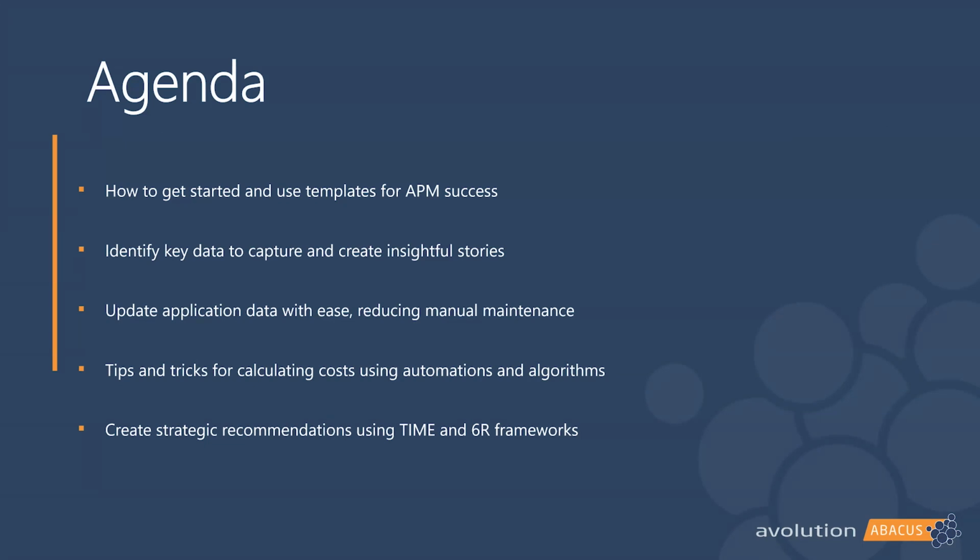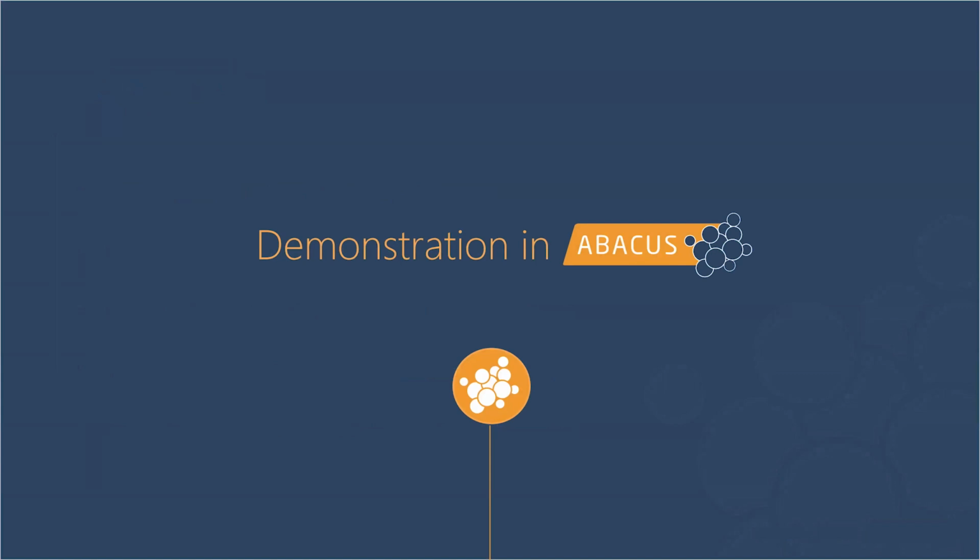We'll look at some of the automations and algorithms we can use out of the box to calculate costs and how that can also lend itself to recommending a tolerate, invest, migrate, eliminate score, or something like a 6R framework that we might want to go through as well. So we'll jump into the demonstration. And once we cover this off, we should have time at the end for some questions and maybe just a quick overview of the things we've covered today as well.